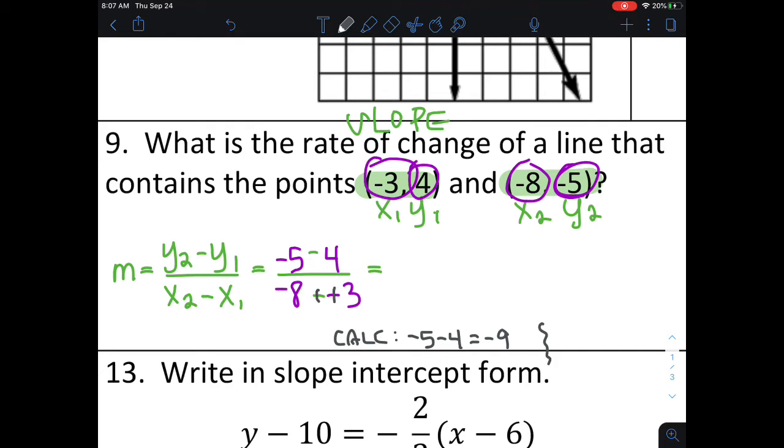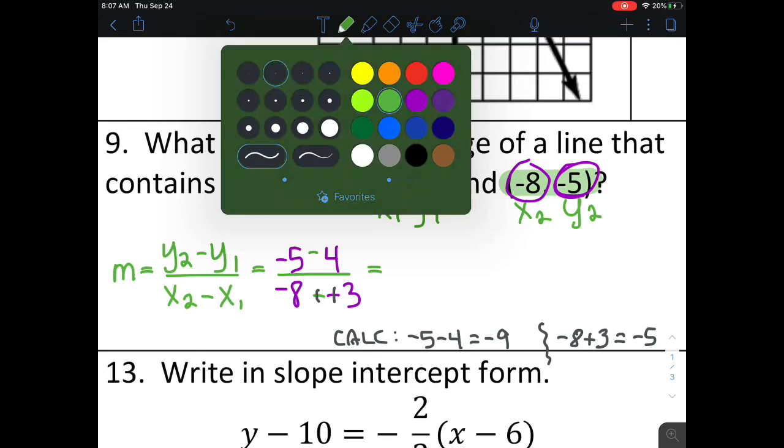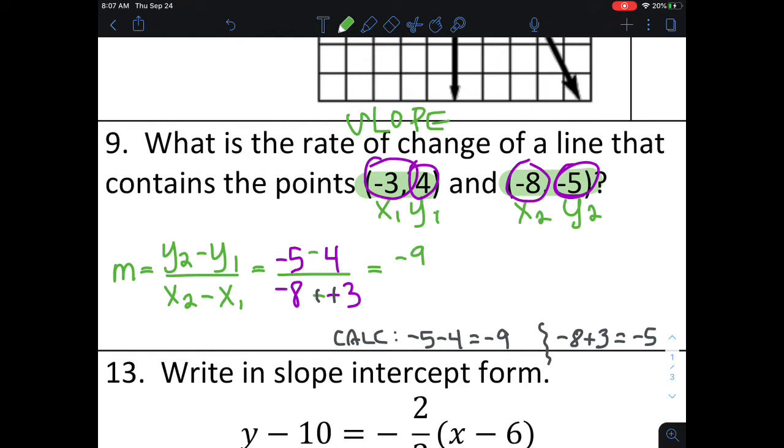So boom, boom, because that's a double negative. So that's going to be -8 plus 3, which is going to give you -5. So that's what you can do in your calculator. Okay, so that's going to be -9 over -5, which equals, well, that's double negative, so that's just going to be 9 over 5. All right, and there's your slope.